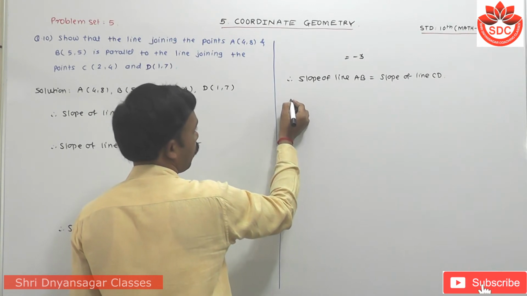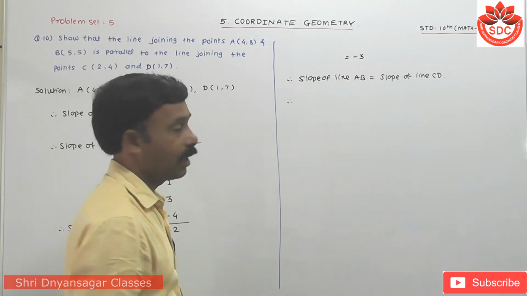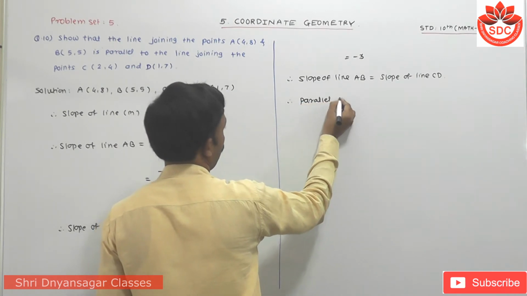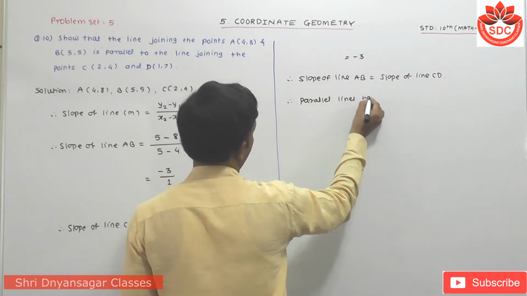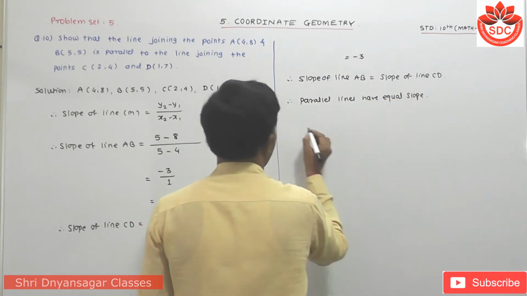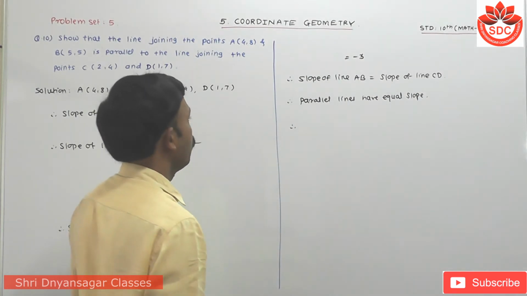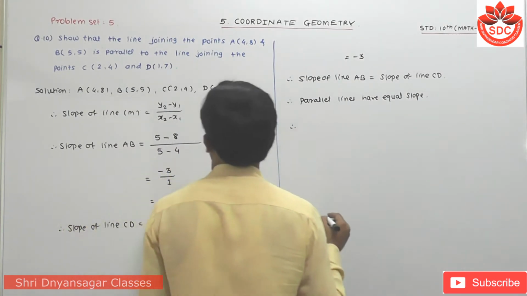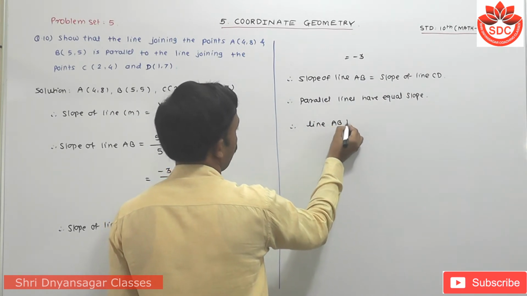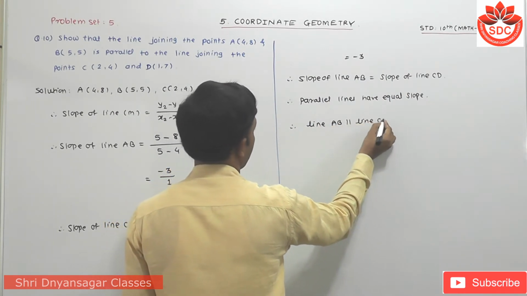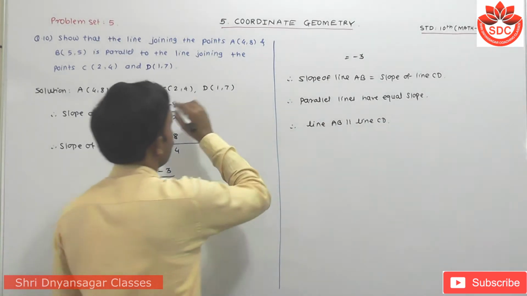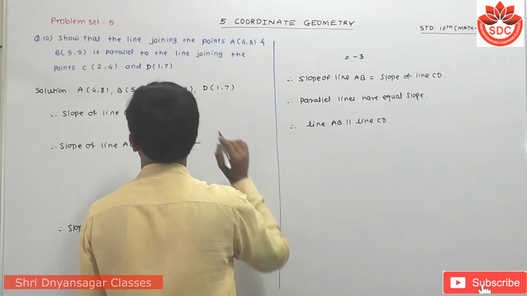Therefore, we know that parallel lines have equal slope. Therefore, these two line segments are parallel. Therefore, line AB is parallel to line CD. Now we had to show that the line joining these points is parallel to the line joining the other points.